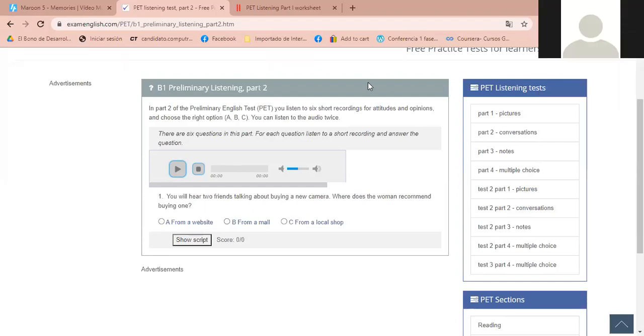Yes, teacher. You will hear two friends talking about buying a new camera. Where does the government recommend buying one? Okay. So we are looking for a place, right? En este caso vamos a buscar dónde nos recomiendan que compremos esa cámara. Let's listen, guys.